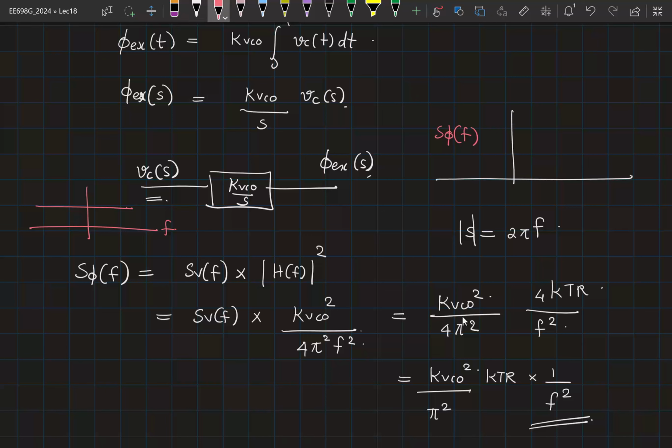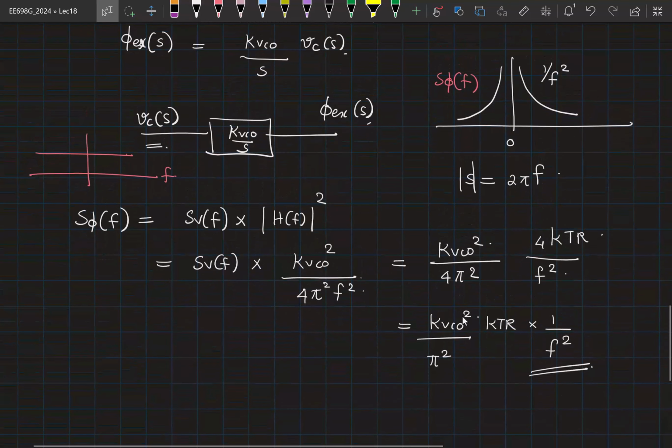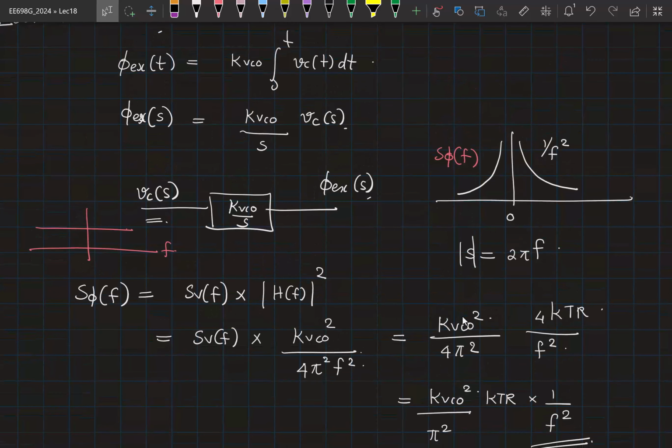Around the origin, you will have a 1 by f square shape, a scaled 1 by f square shape. So how does S_V of f look? It is going to get shifted around f naught. Whatever is the operating oscillating frequency of the VCO, the S phi of f is going to get shifted around that.